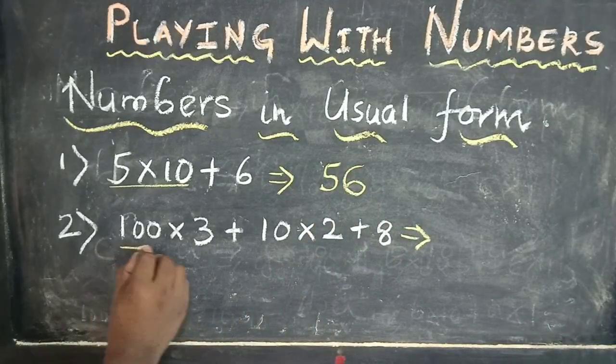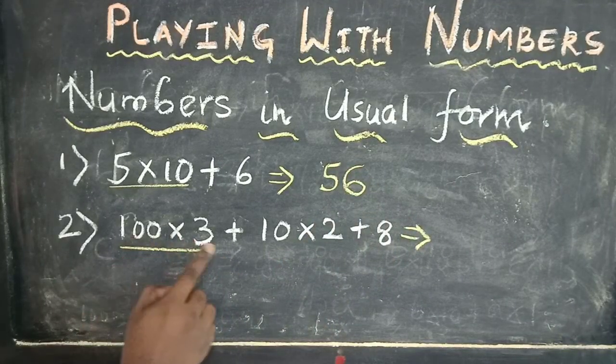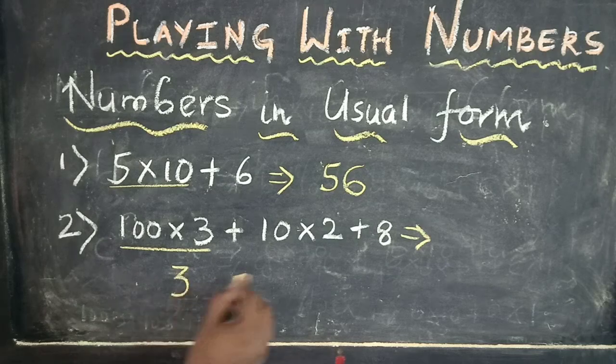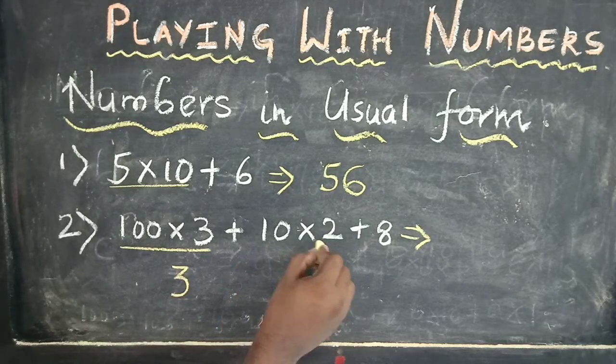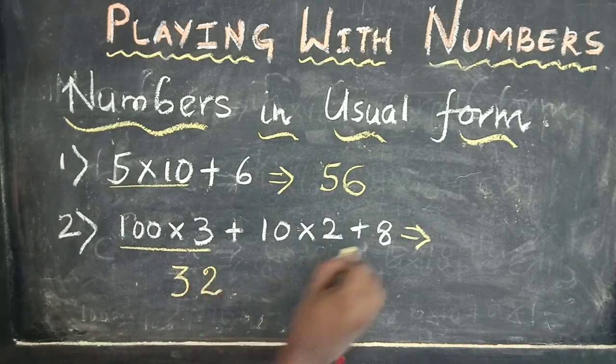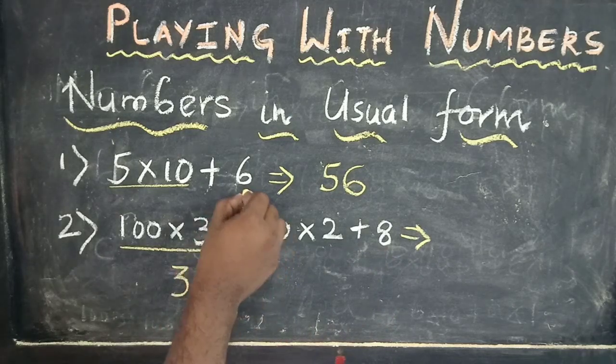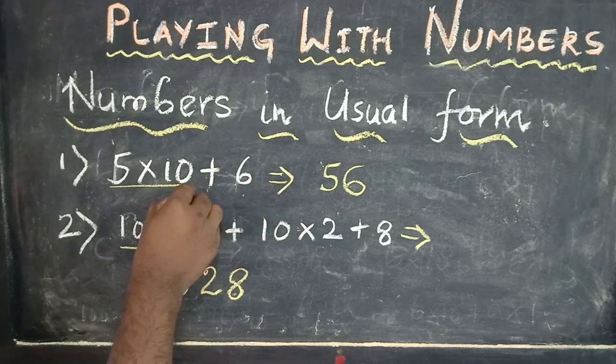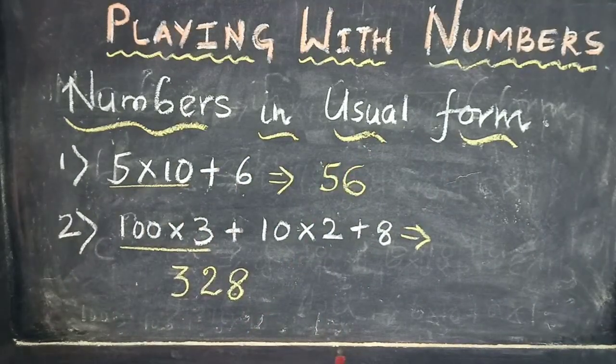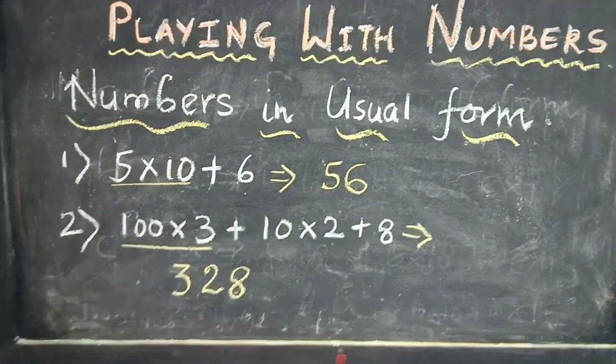In the same way, 3 times the 100, that means in the hundreds place we have 3, then in the tens place it is 2 and in the unit place it is 8. In the same way you can convert the general form to the usual form.